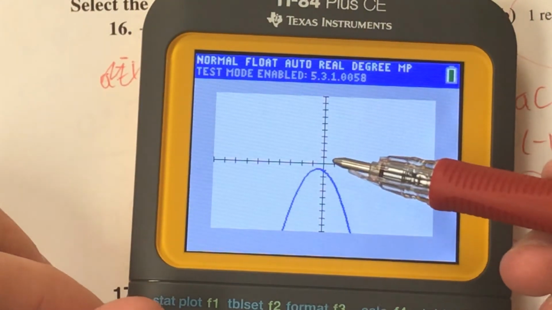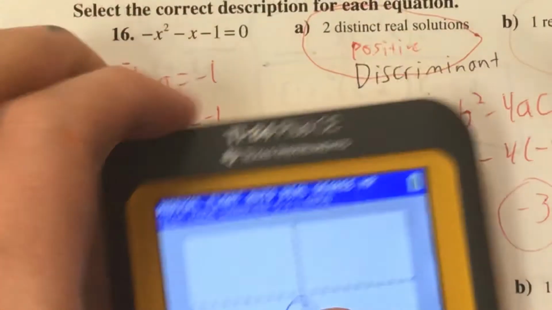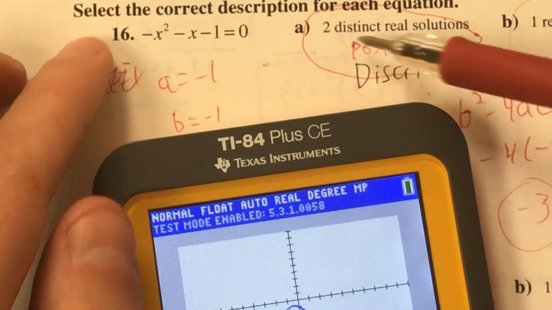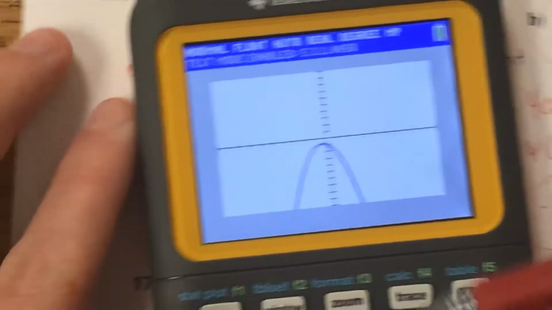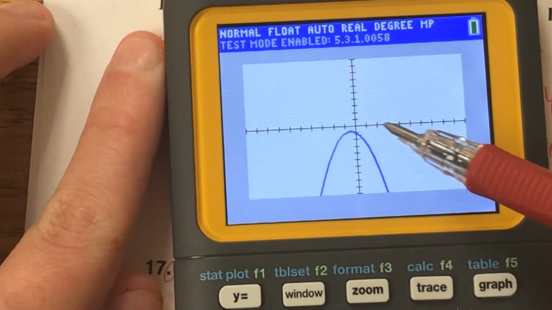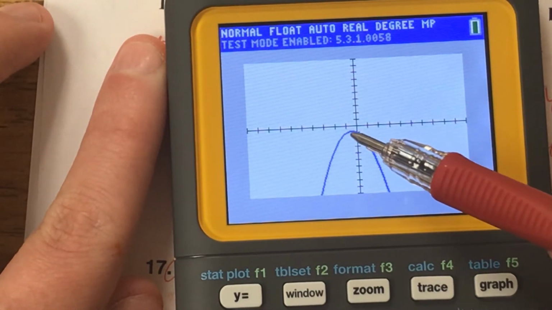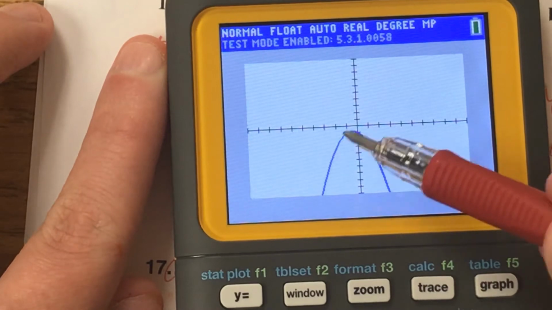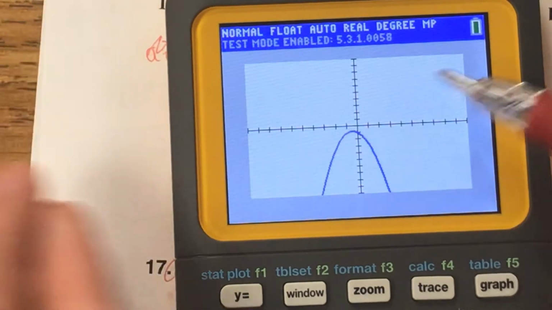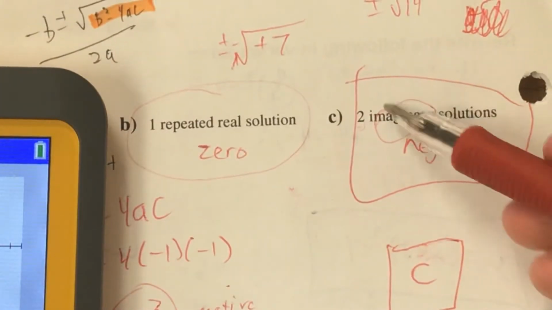So you see, when it says to find the solutions, they're the same thing as zeros. If I asked you where it crosses the x-axis, hopefully you could say nowhere. It never touches the x-axis, which is why there's 0 real solutions. So you go to the one that says imaginary.